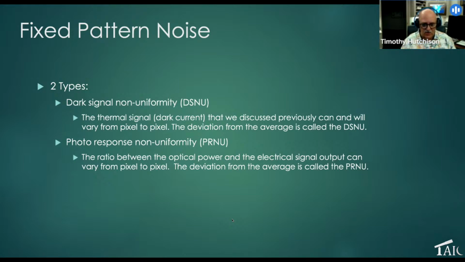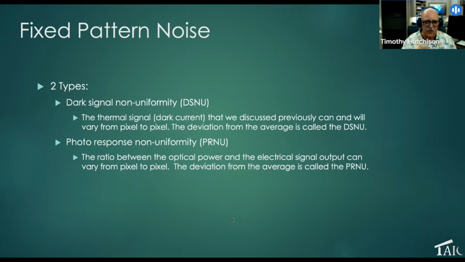Photo response non-uniformity, PRNU, is a little bit different. It says, look, if I have X number of photons impacting this photodiode, I'm going to generate a certain number of electrons. Will every single pixel generate the same number of electrons? Heck no, right? There's going to be a little bit of variation from photodiode to photodiode to photodiode in the electrical signal that gets created based on the same number of photons impacting that sensor.